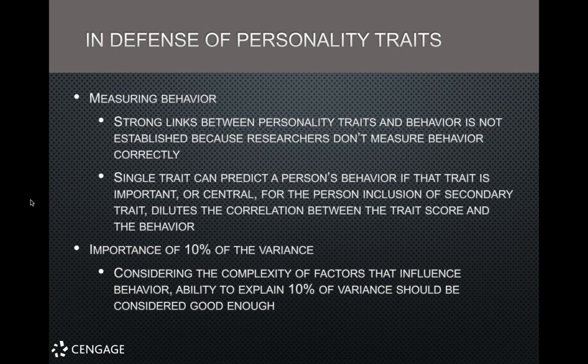For the person, inclusion of secondary traits dilutes the correlation between the trait score and the behavior. So, behavior and traits are so complex that, considering the complexity of the factors that influence behavior, the ability to explain 10% of variance should be considered good enough between the traits and following behaviors.